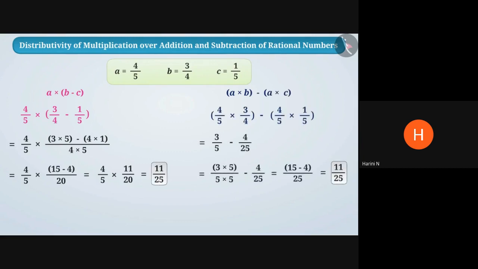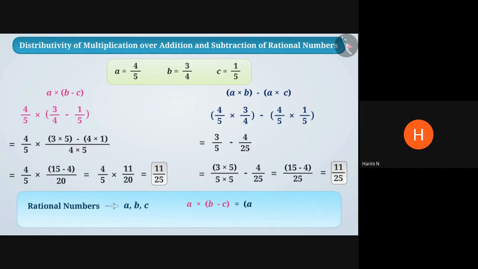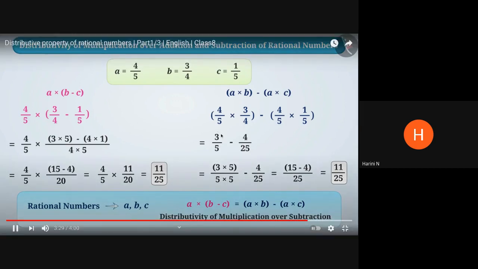What does this tell you? Think. Sure, we can say that for any three rational numbers A, B, C, A multiplied by (B minus C) is equal to A multiplied by B minus A multiplied by C. We call this distributivity of multiplication over subtraction. Now, you must have understood distributivity of multiplication over addition and subtraction.